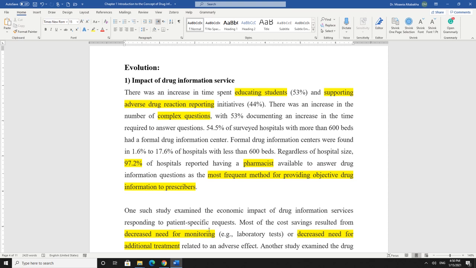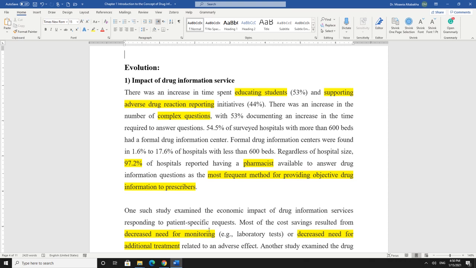As I told you, nowadays there is more time spent in educating the students how they can deal with the questions. In a survey, they found that the majority of hospitals having more than 600 beds have a drug information center in them. So in these large hospitals you will find a formal office where drug information is provided.